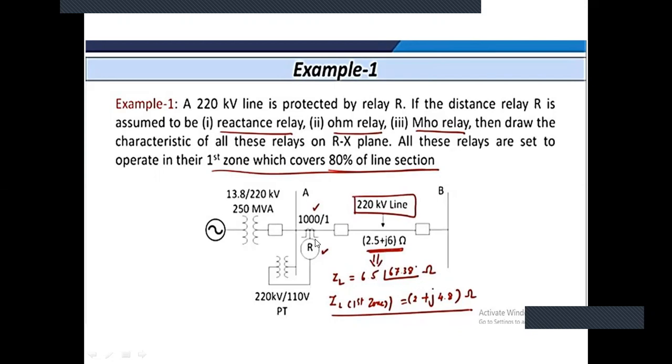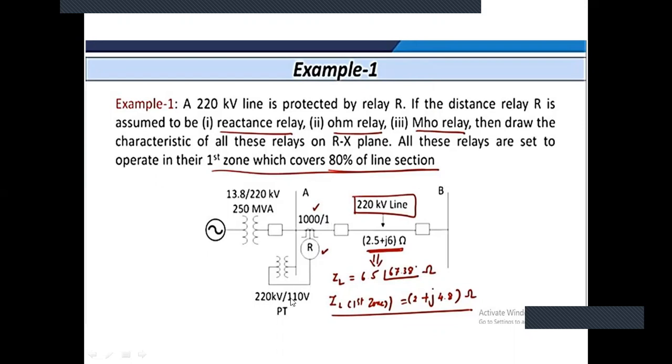Now this relay R can be a reactance relay, an ohm relay or angle impedance relay, or it can be a Mho relay. So three characteristics are available for the distance relay R. We have to draw the relay characteristics on the RX plane. We have discussed the RX plane earlier. The CT ratio is given as 1000 by 1, and the PT ratio is given as 220 kV by 110.